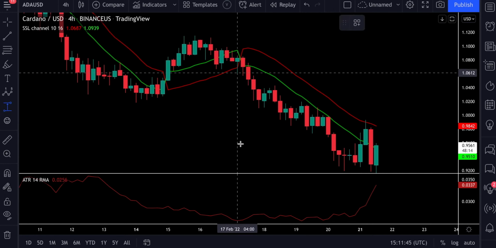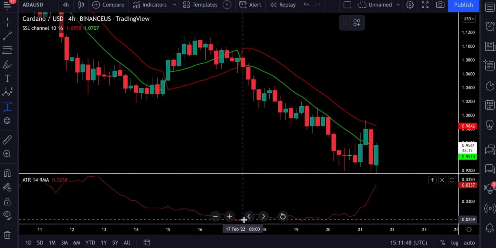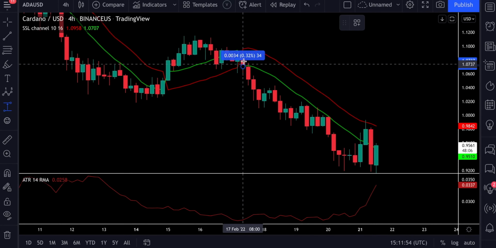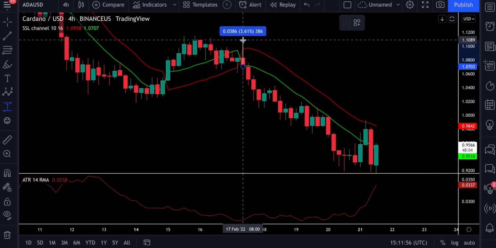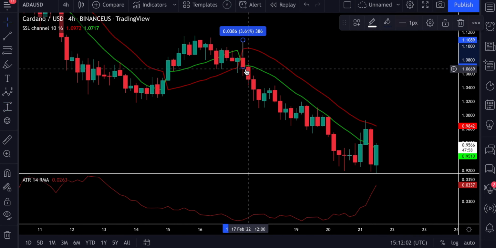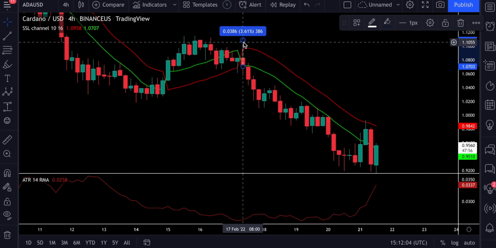In that case, if it's 0.025, that's going to be 0.038 roughly. So it's going to be somewhere here. Okay? So this is our stop loss. We enter the trade and we set our stop loss at 1.5 times the ATR.